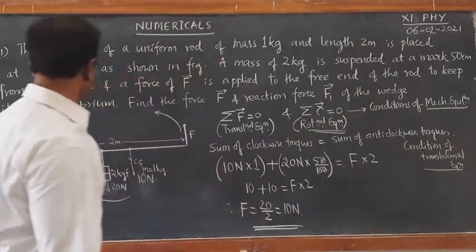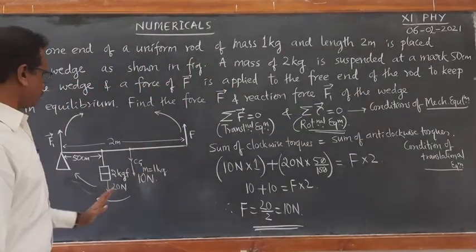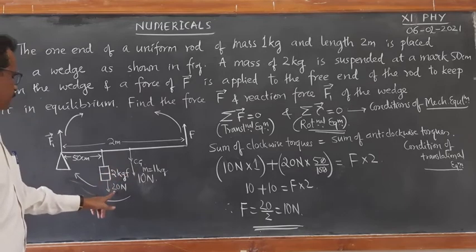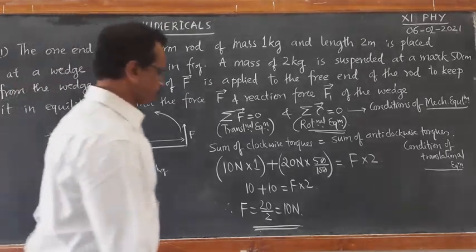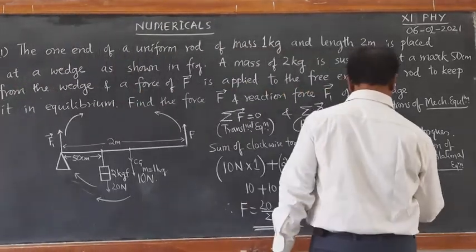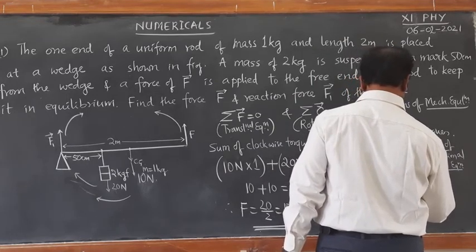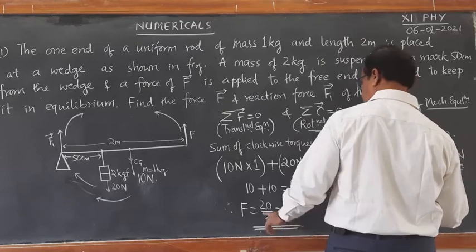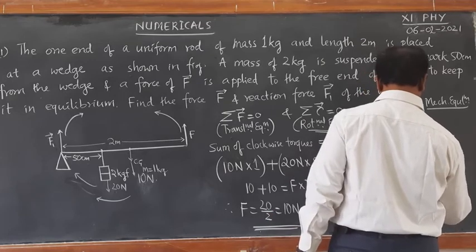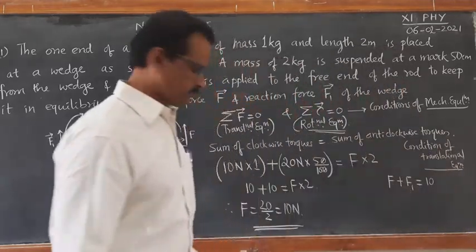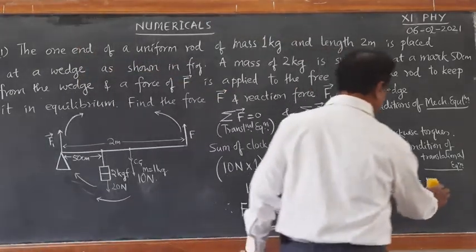Look at this. These two forces, F1 and F, are balanced by 20 Newton. F plus F1 is equal to 20 Newton.